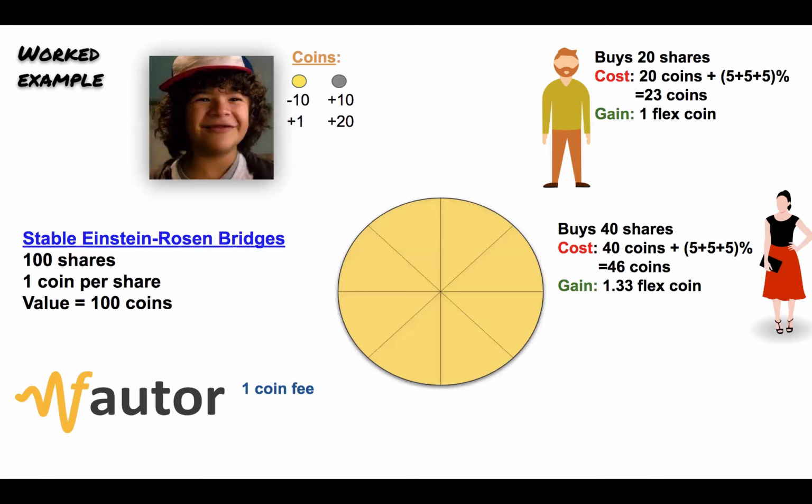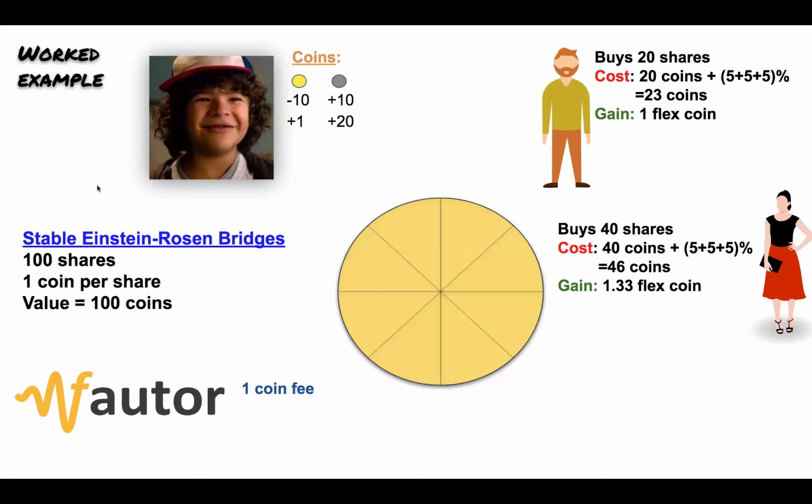And the way it is split is it's a proportion of the number of shares they hold relative to the total number of shares sold. So in this case, 60 shares have been sold between John and Jessica. John owns 20 of those 60 shares, and Jessica owns the other 40. So Jessica gets 1.33 coins refunded.